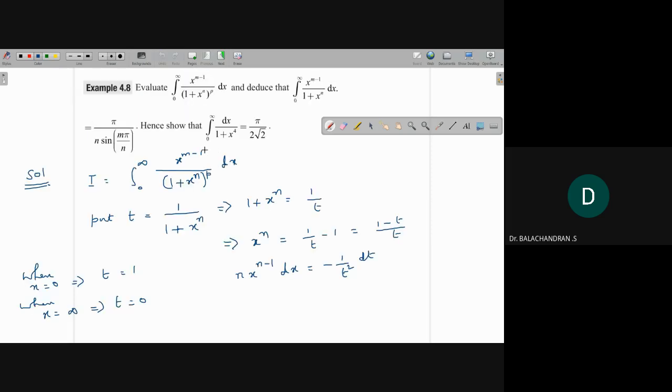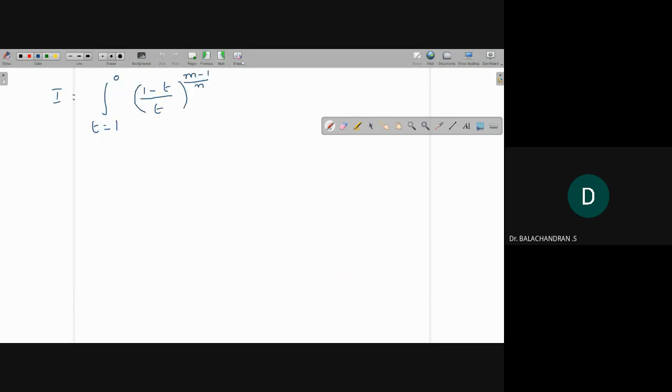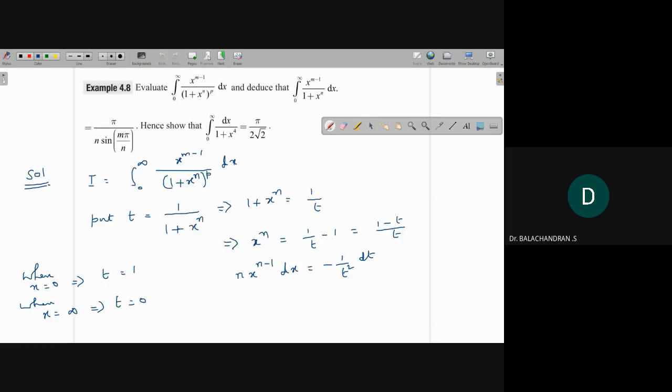Next, 1 by 1 plus x power n is t, so t power p into dx. What is dx?